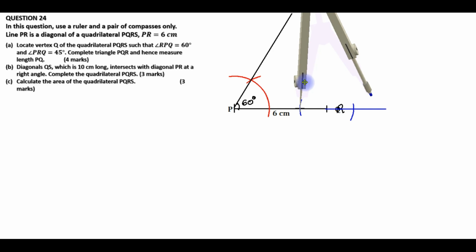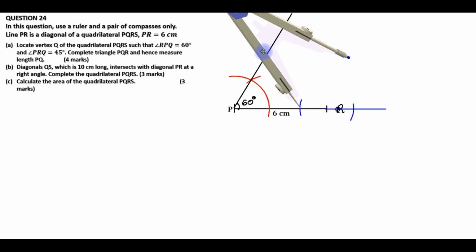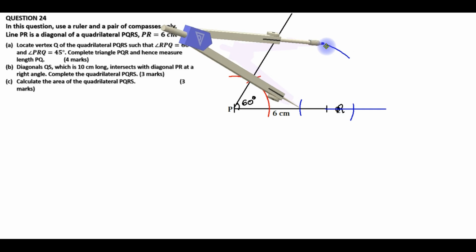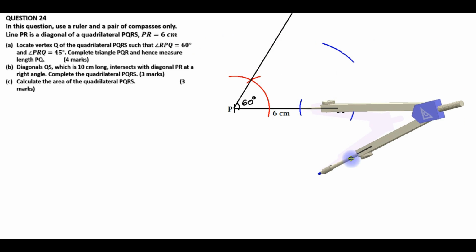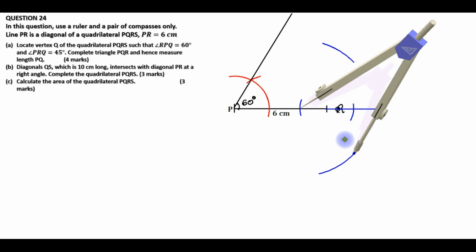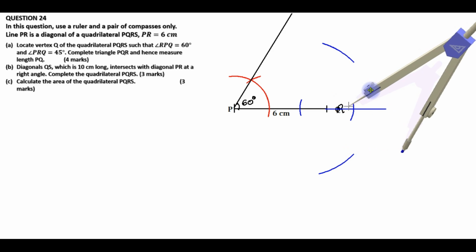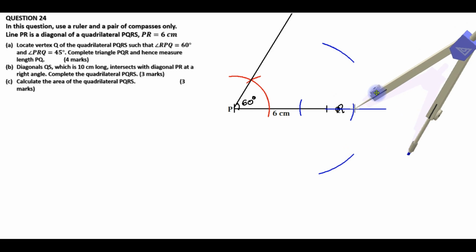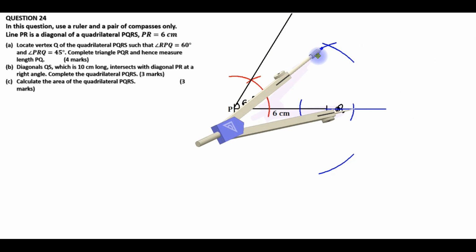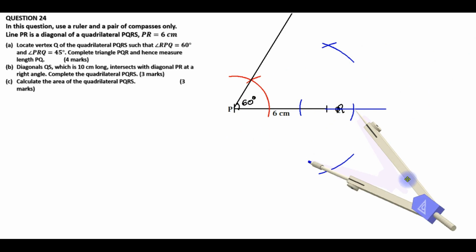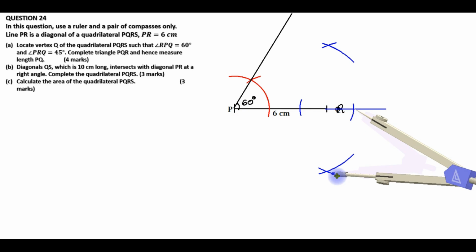The arc I've just made, then I put an arc at the top and also below, maintaining the same radius. I place the pointer of the compass at that particular point. Then I also put an arc at the top and also at the bottom.